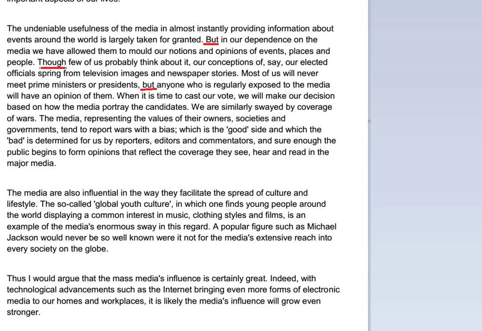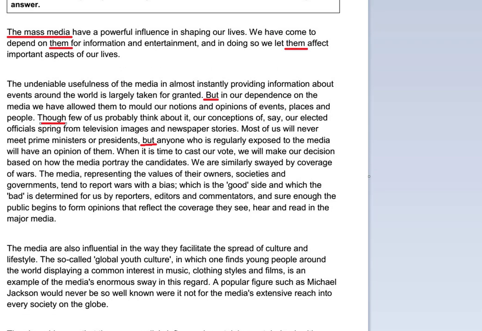Okay, so the message comes through. But the problem is that there's not enough signposting.